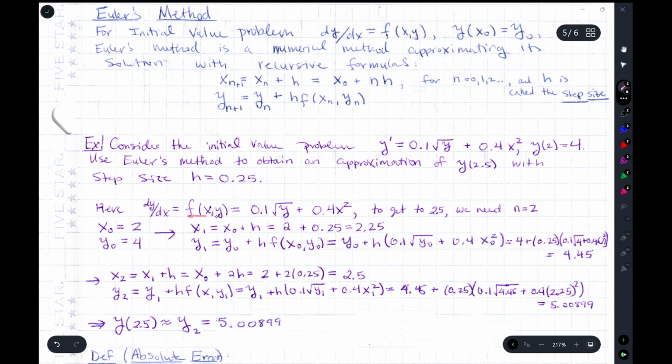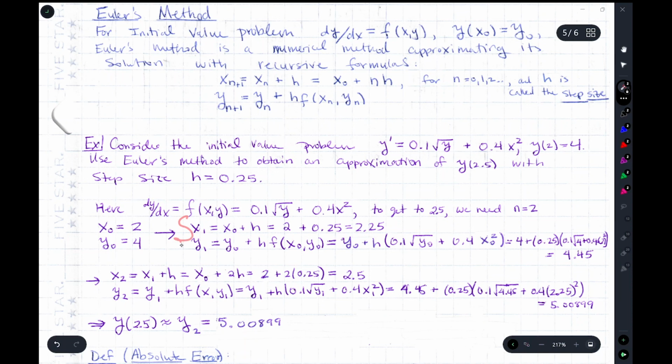How does this function look? We have a function f(x, y), so you just put y naught and x naught, and then you actually put values for them. So this is h, this is y naught, the initial y, and this is also y naught, and x naught is 2. This is 4 plus 0.25 times 4 times 2 squared, and you get 4.45.